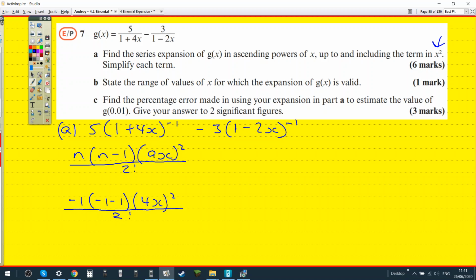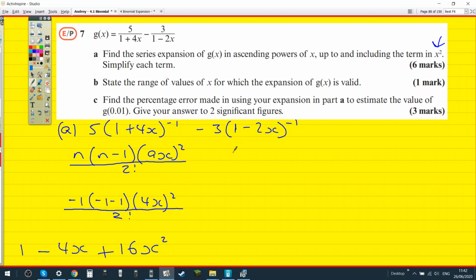Yeah. I got 16x squared. Okay. So the first one, the expansion is 1 minus 4x plus 16x squared, up to the x squared point.